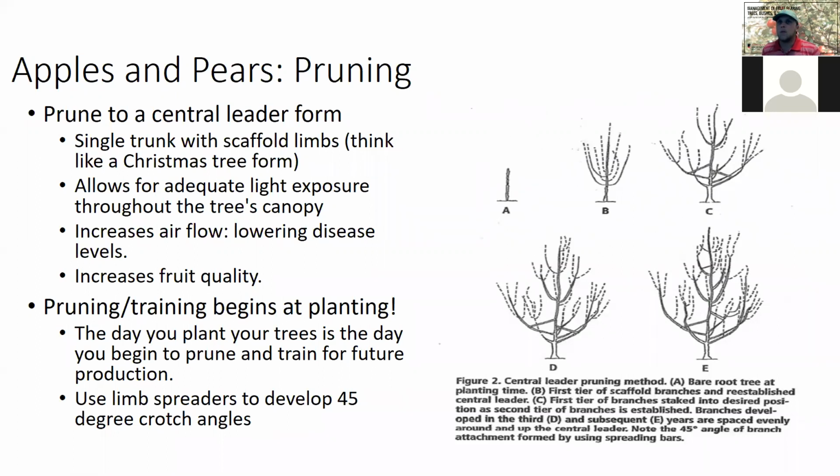So in this photo here, you see limb spreaders, and you can make your own limb spreaders, but creating those wide crotch angles to spread everything out, and go for that Christmas tree shape, is important.